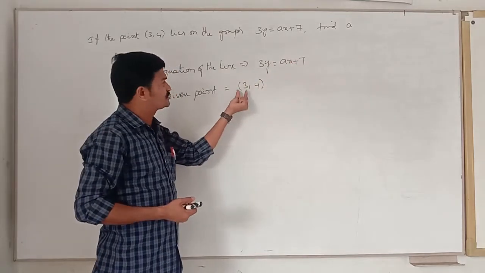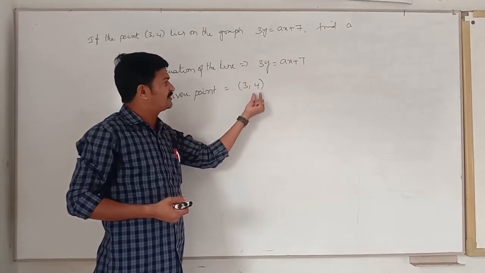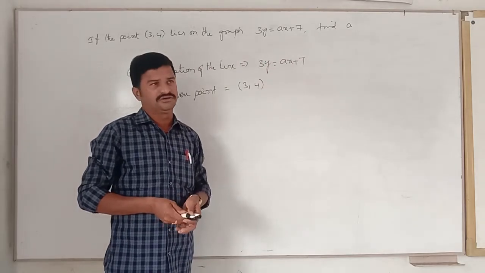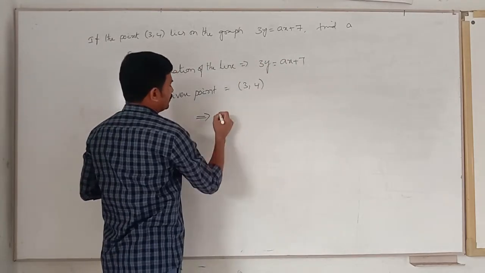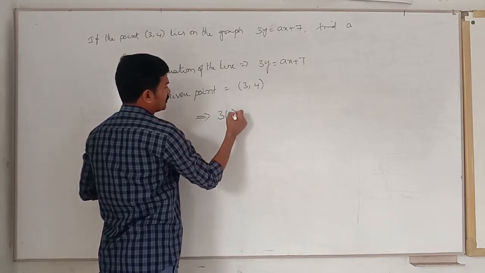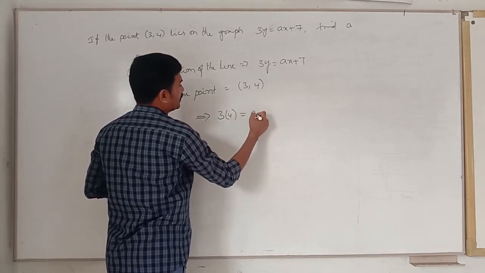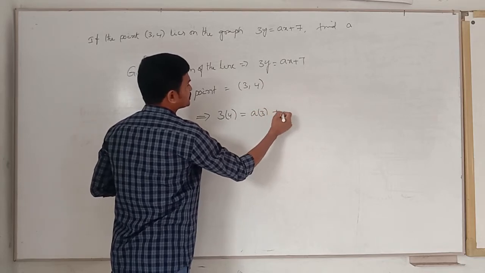Whenever any point is lying on the line, it should satisfy the given condition. That means you can substitute the values of x and y in the respective places. So 3y means 3 into 4, that is 12, equals a into 3 plus 7, that is 3a plus 7.